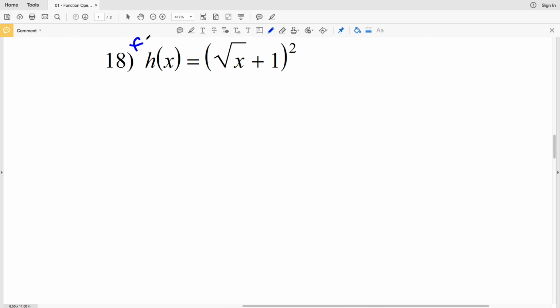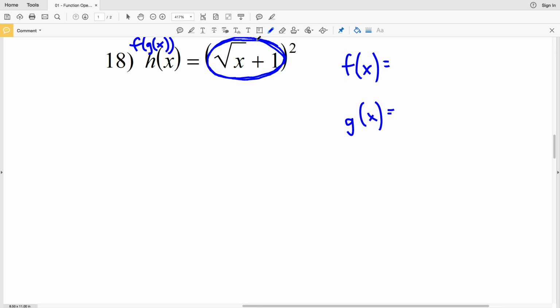Remember, h of x is f of g of x. So let's figure out what f of x is, and then g of x. Well, h of x is the square root of x plus 1 squared. So if we made this one variable x, so if f of x equaled x squared, then g of x would be what was within those parentheses.